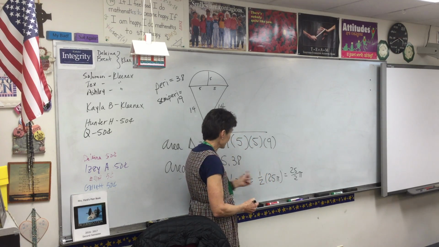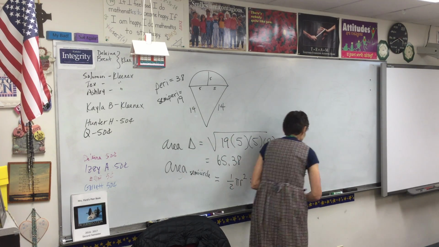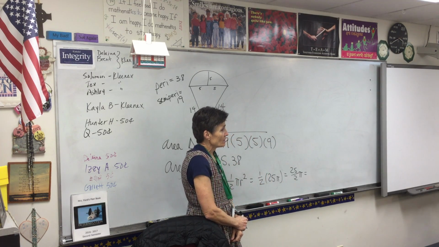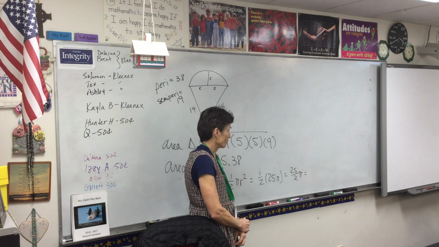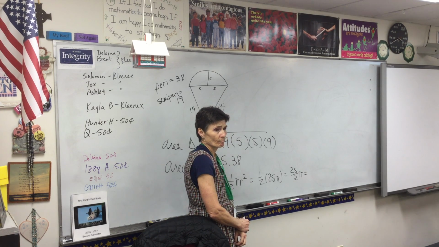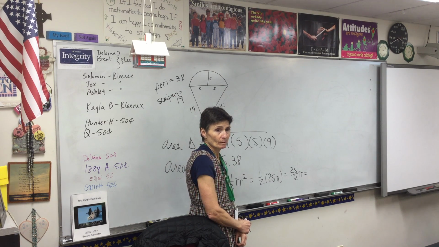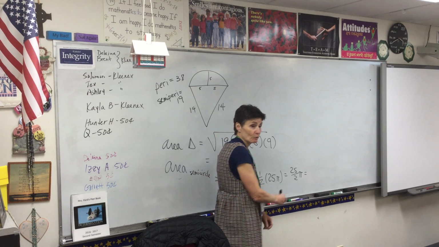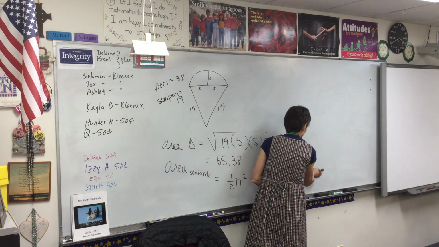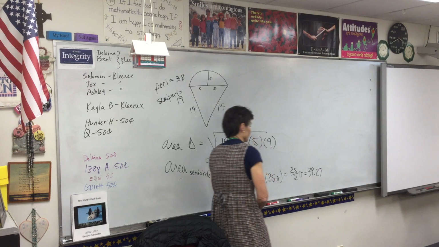Since I have this as a decimal, let's go ahead and get this as a decimal. What is 25 halves times pi? 39.27.